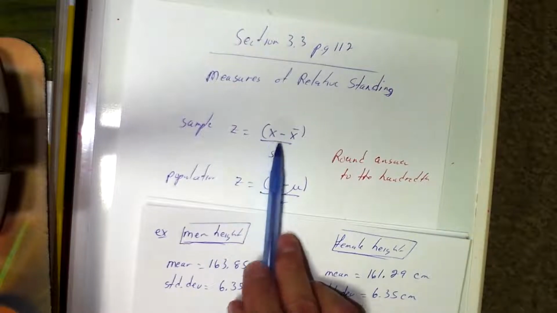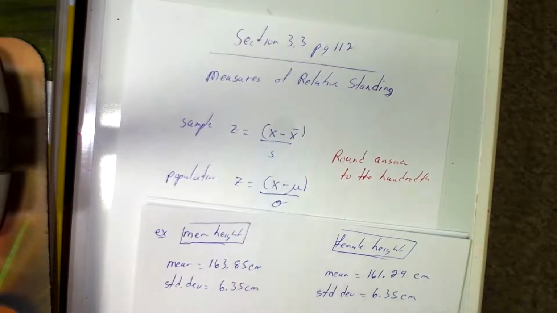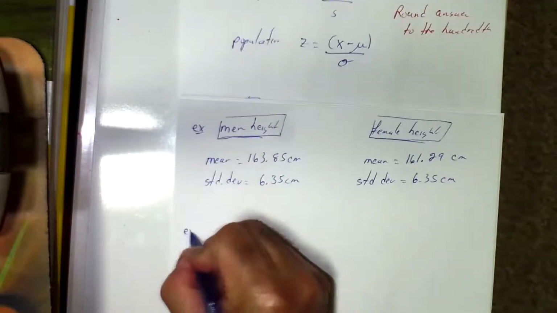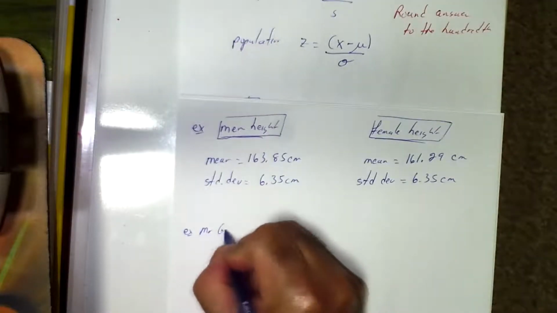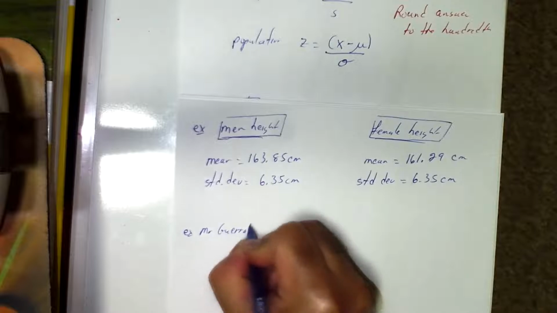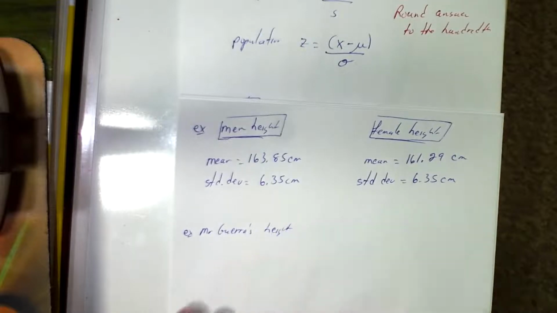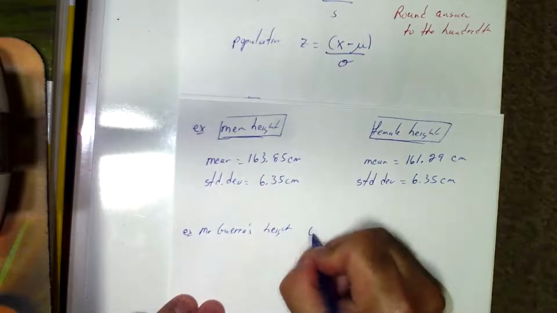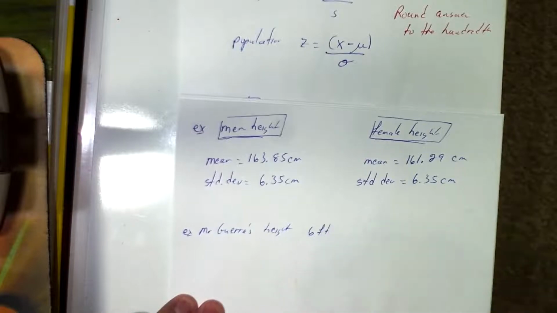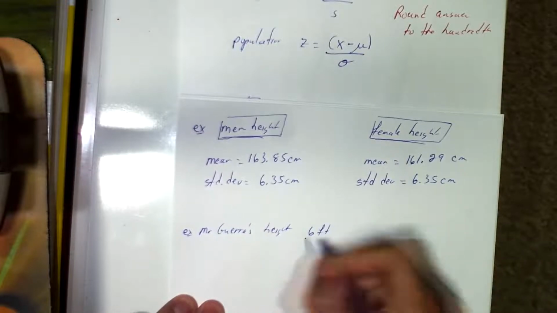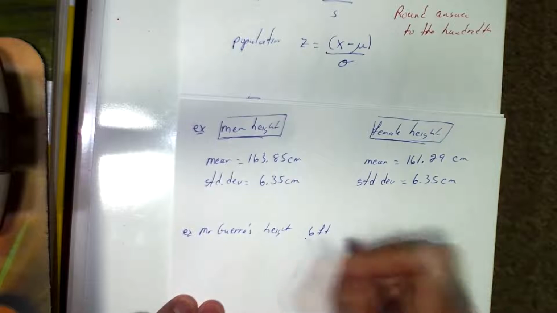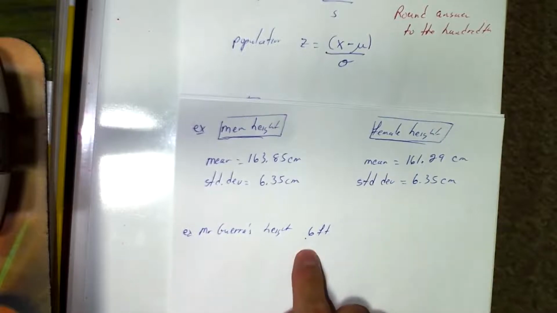Let's say, in my case, Mr. Guerra's height. I am 6 foot on the dot. And I want to see what my z-score is, where I fall on the scale.